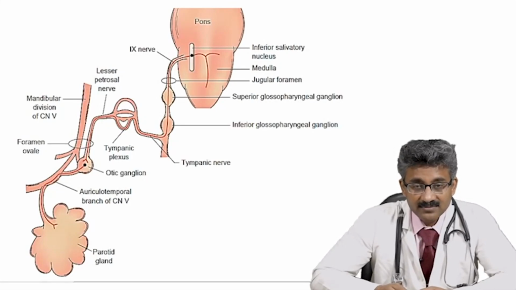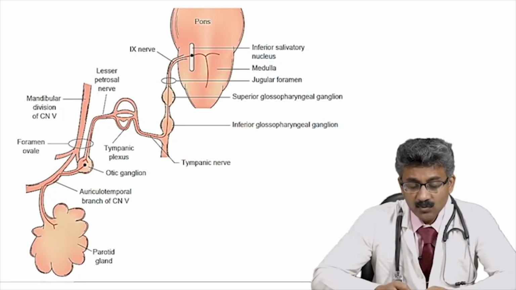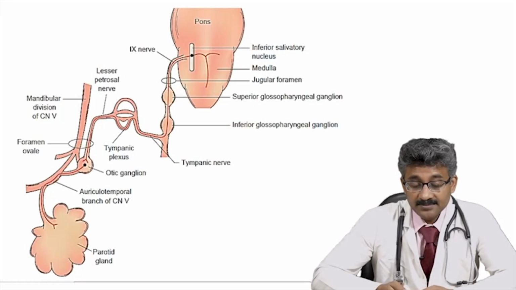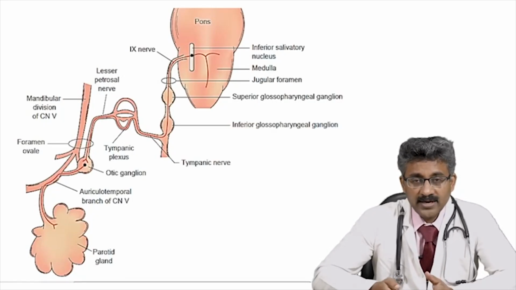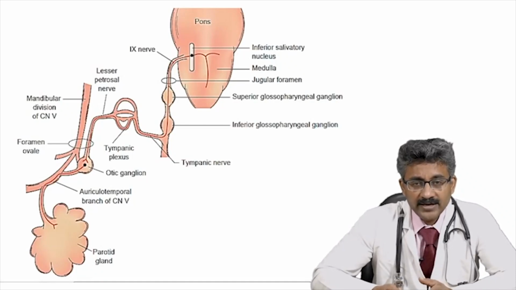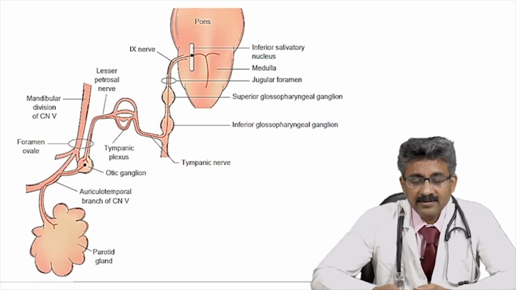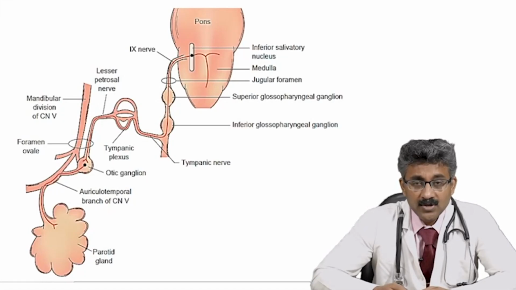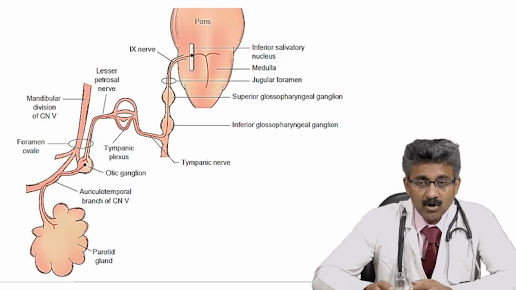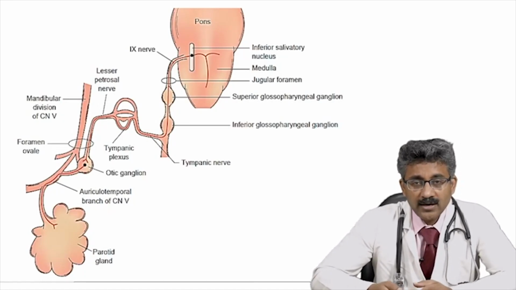Now, in brainstem involvement you get some syndromes because of this cranial nerve affection. What are the midbrain syndromes? We already discussed them while discussing the oculomotor nerve. Ipsilateral oculomotor nerve palsy with contralateral hemiplegia is Weber syndrome.